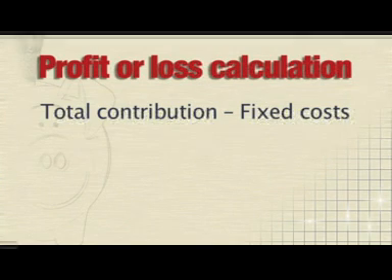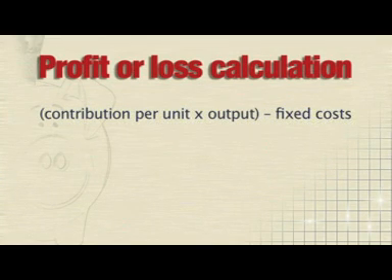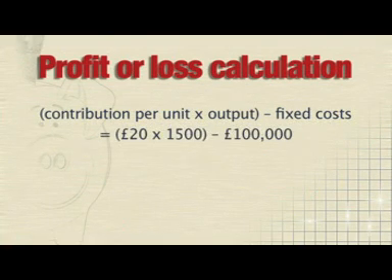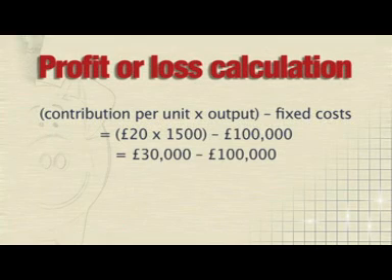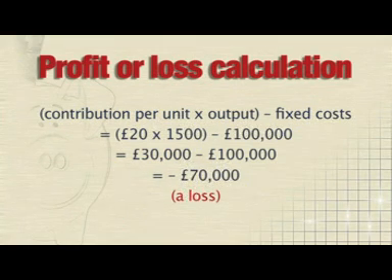So this would be contribution per unit times the output minus the fixed costs, which is £20 times 1,500 minus £100,000. This gives us £30,000 minus £100,000, which is minus £70,000, and therefore a loss.